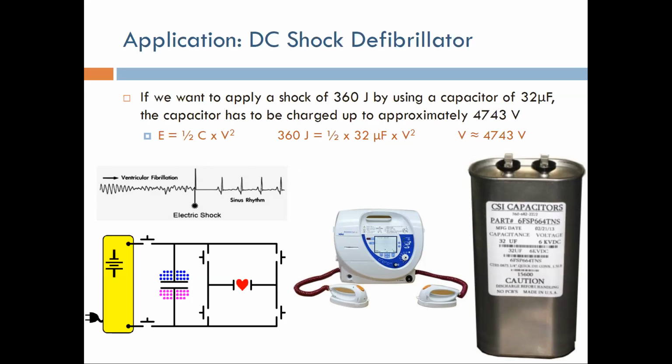There are several types, but the maximum you can use is 360 joules. If you apply this across the chest of the patient, you can have enough energy to reset the electrical activity in the heart.